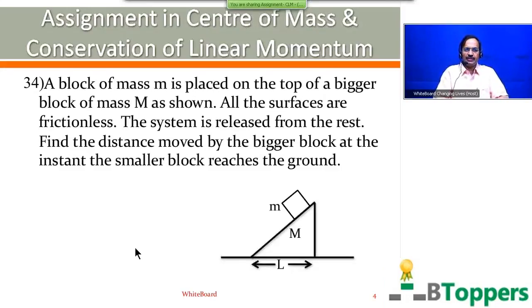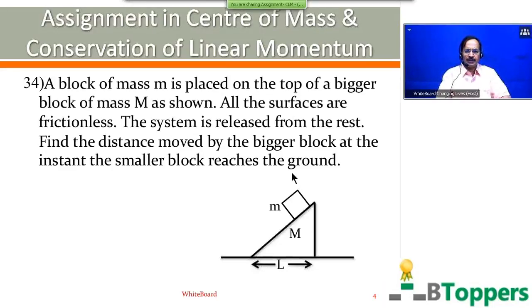Look at the question number 34. A block of mass small m is placed on the top of a bigger block of mass capital M as shown. All the surfaces are frictionless. The system is released from the rest.